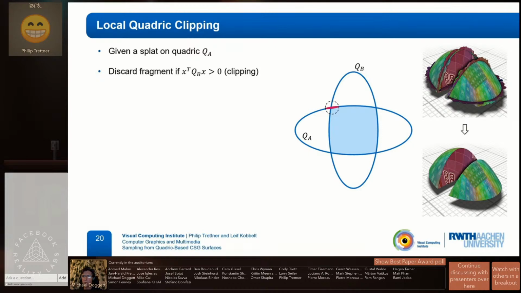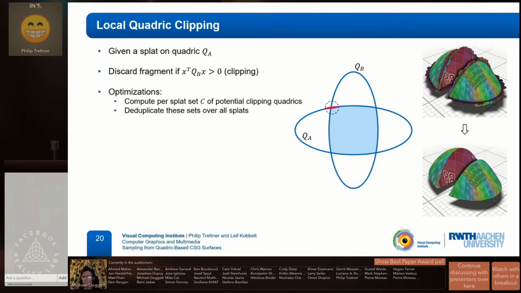Now we don't want to check every fragment against every quadric in our system, so instead we use the conservative distance function, these bounds that we derived earlier, to limit the set of potential clipping quadrics. So for each splat, we know which quadrics are potentially interacting. If we have a splat here, there would be no quadric interacting, and for this example splat, there is a single quadric.